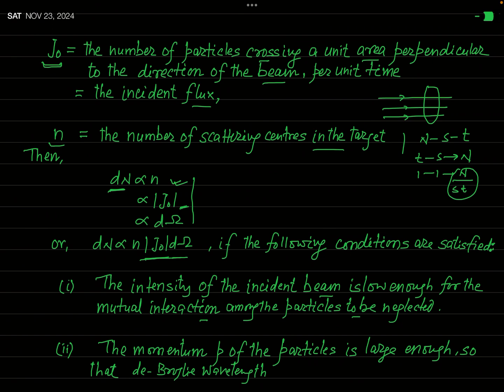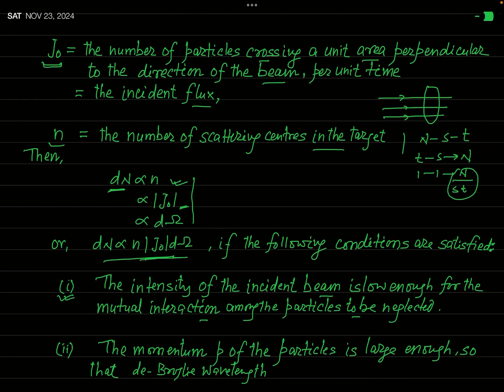Then you can easily neglect the mutual interaction among the particles. So in a nutshell, for the validity of this relation, the intensity of the incident beam must be very low.